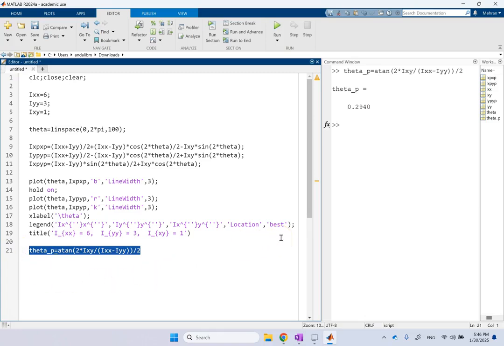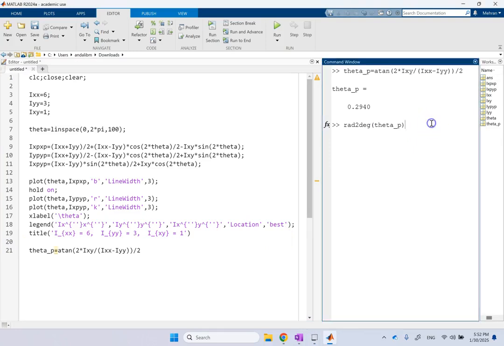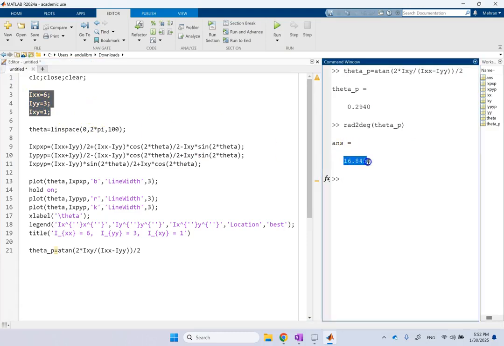In this case, you see 0.294 radians. And if I convert it to degrees, then you see the answer is basically 16.84 degrees. So if there is a profile with this Ix, Iy, and Ixy, you have to rotate it 16.8 degrees counterclockwise with respect to the x-axis to get to the principal moments.